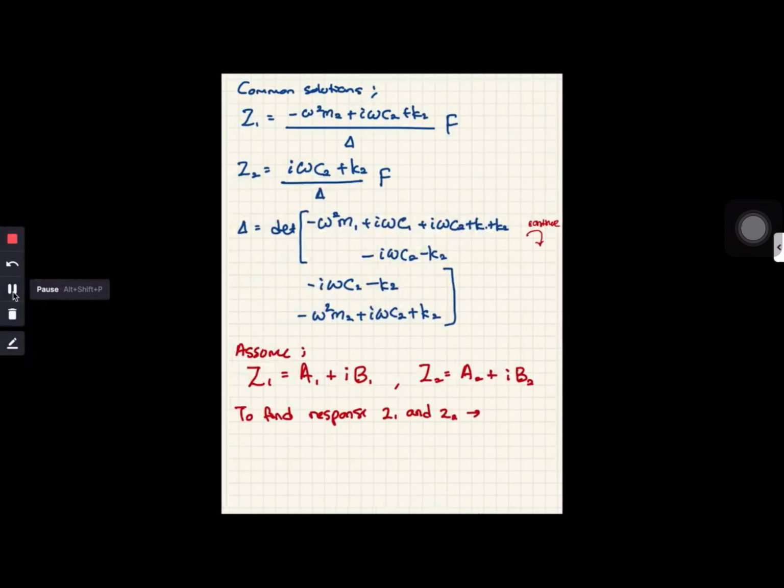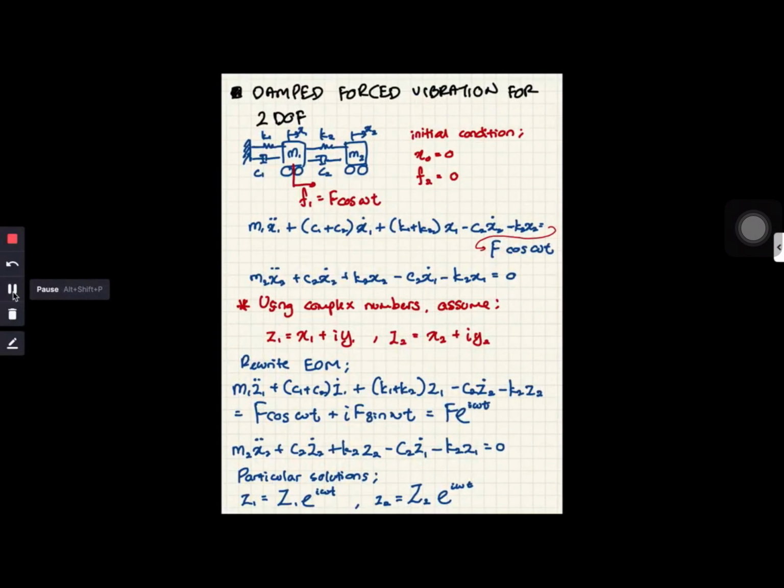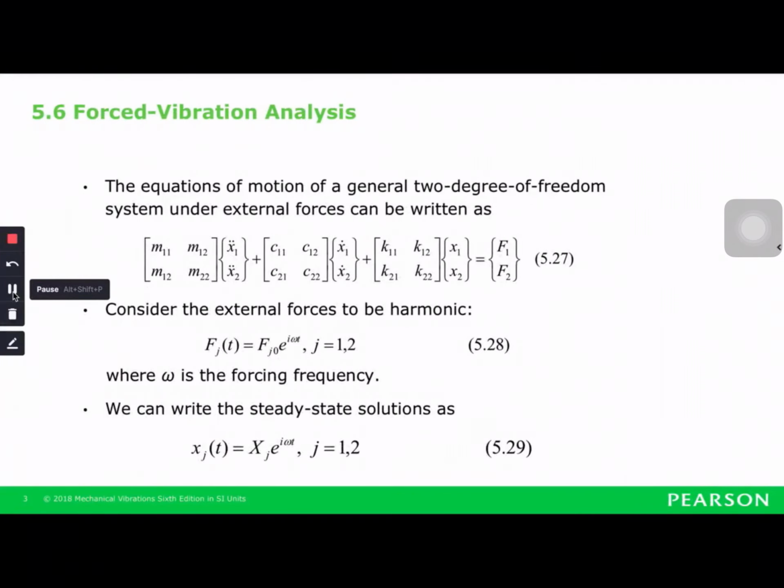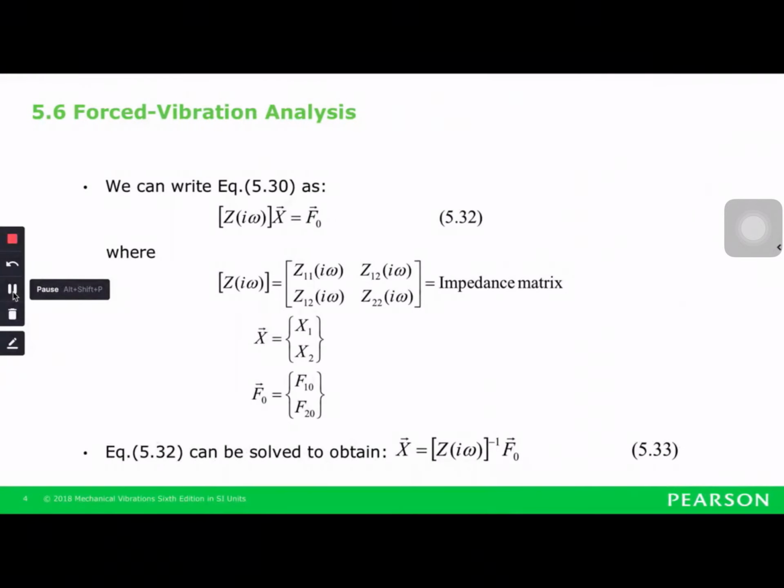Okay, so it looks a bit complicated, but we will go through some tutorial later on. You can also take a look at the slide. There's a different method here. So this is using the impedance matrix, by substituting the impedance matrix over here, multiplying with the vector of x is equal to the vector of the force.